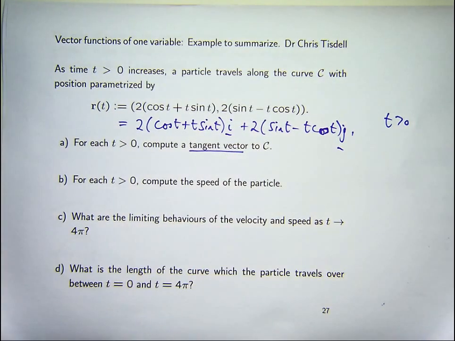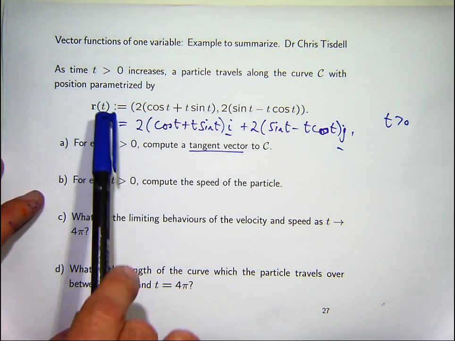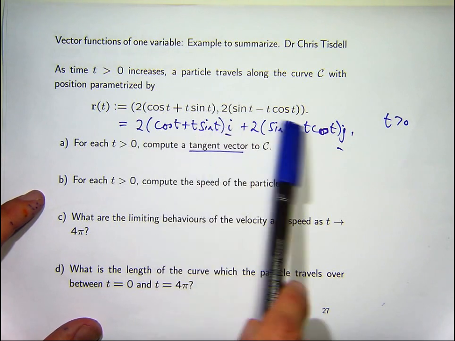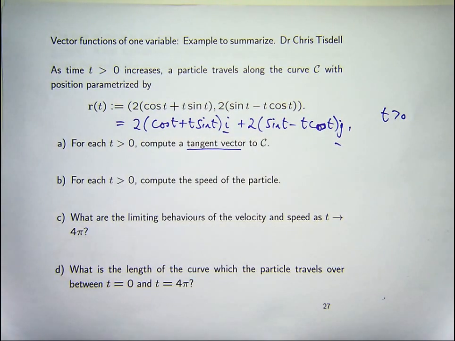Instead of directly computing the tangent vector, what I'm going to do is compute the velocity vector. And the velocity vector will be one of the tangent vectors in this case. So to form a velocity vector, we just differentiate this function by differentiating the component functions.